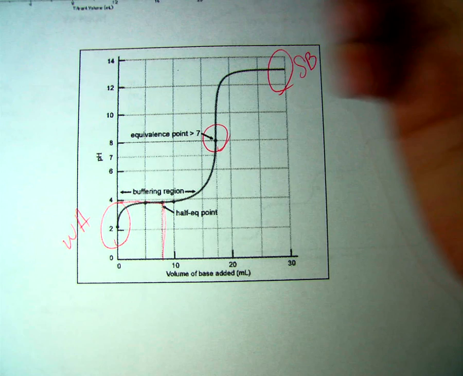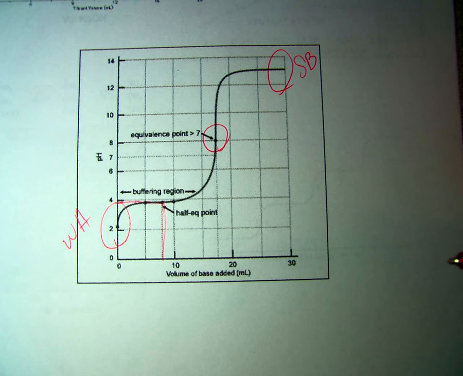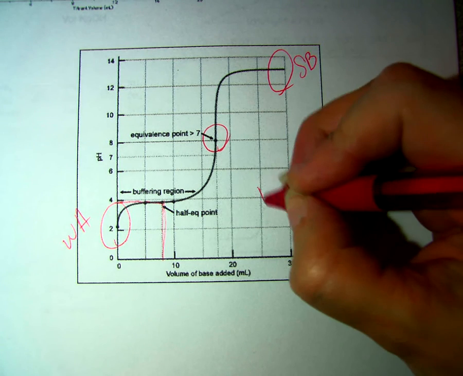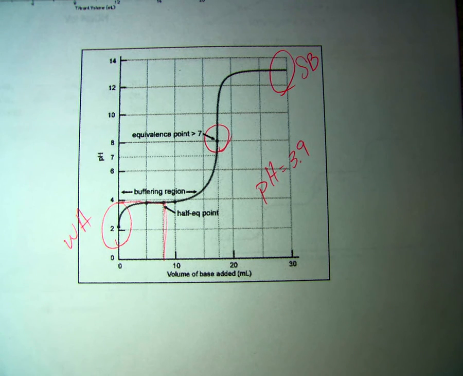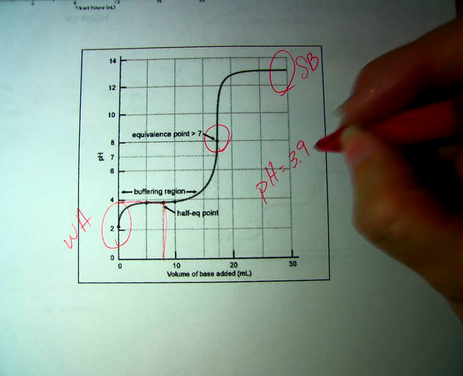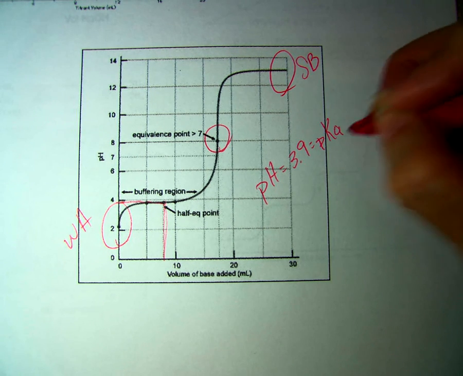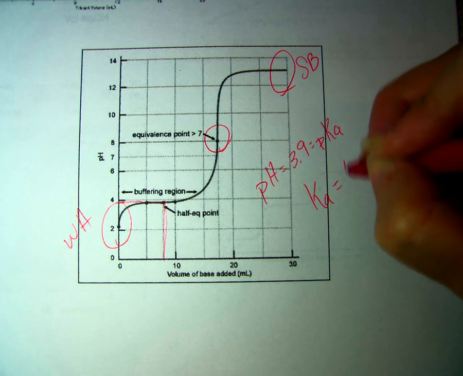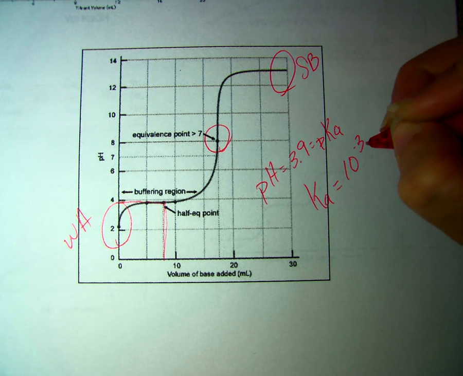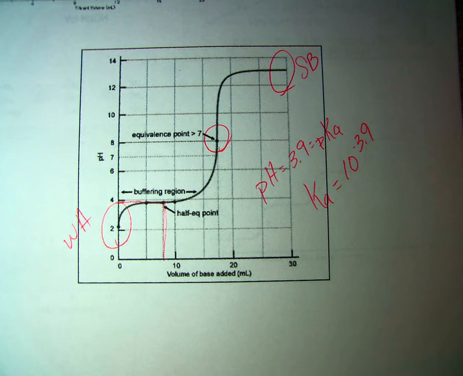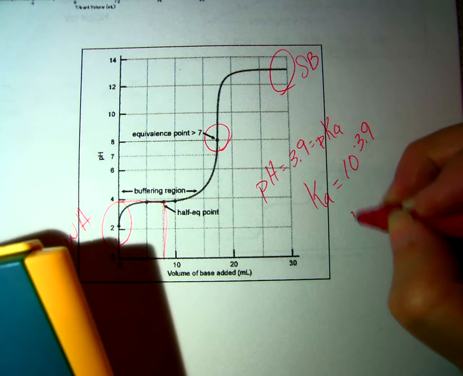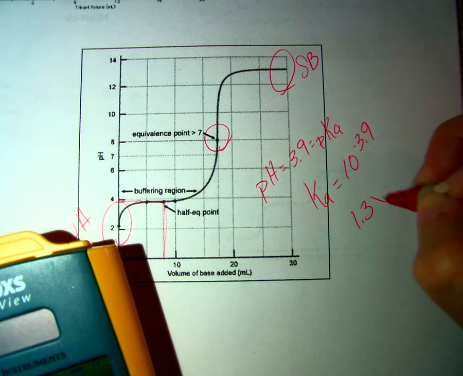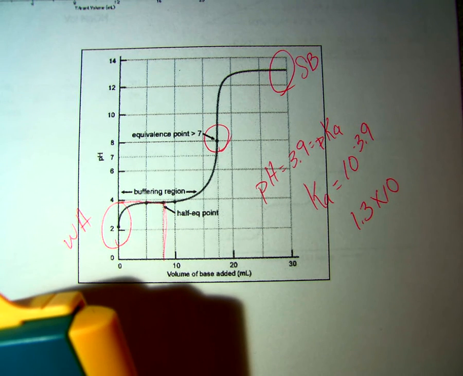The pH is a little bit below 4, so I would say maybe the pH is equal to about 3.9. Is that what y'all would say? Which would equal our pKa. So our Ka is equal to 10 to the negative 3.9. So you do second log negative 3.9, and I would get 1.3 times 10 to the negative fourth.